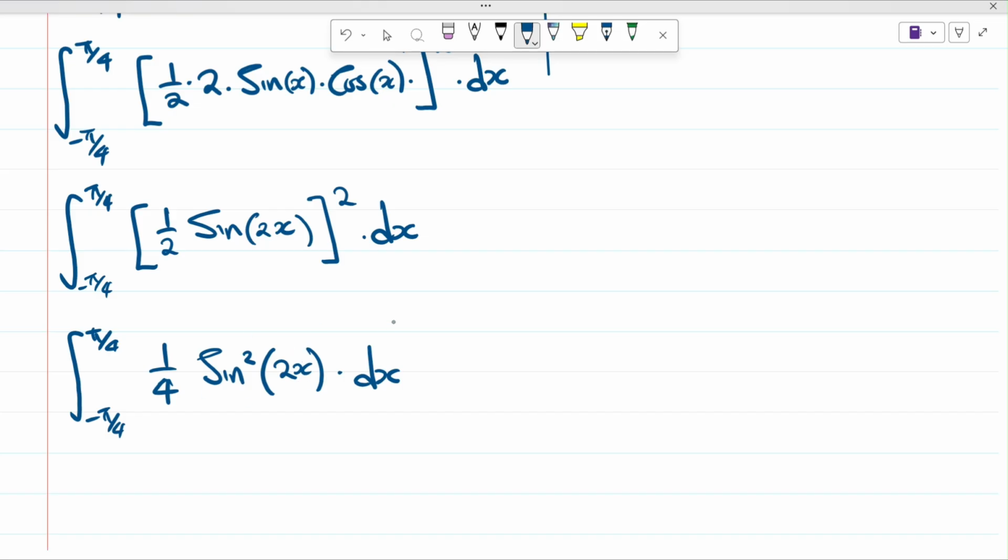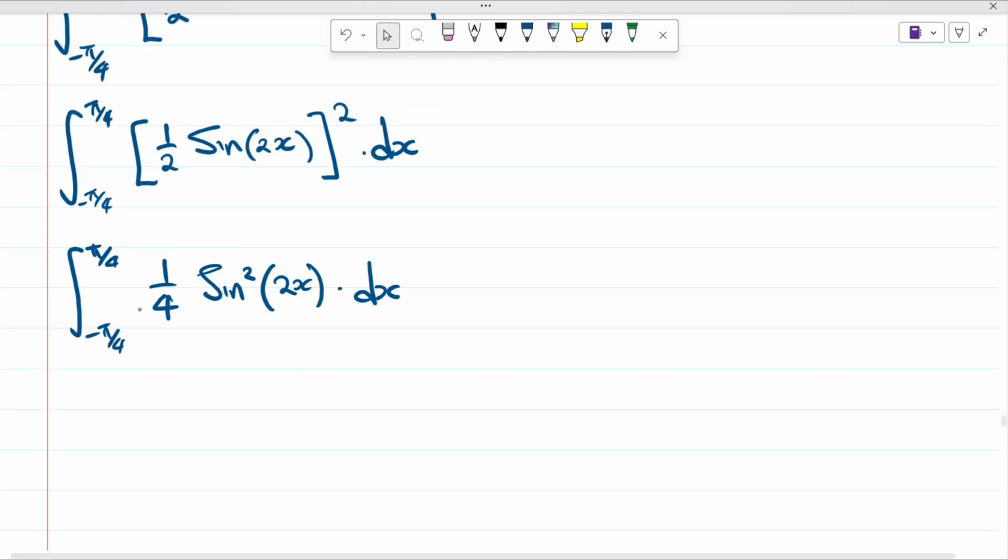Makes sense, right? From here, we need to substitute sine squared with its equivalence from half angle identities. So I can first take the 1 over 4 outside the integral.